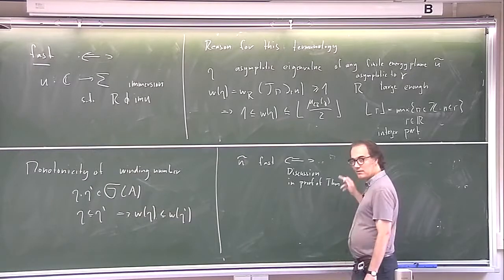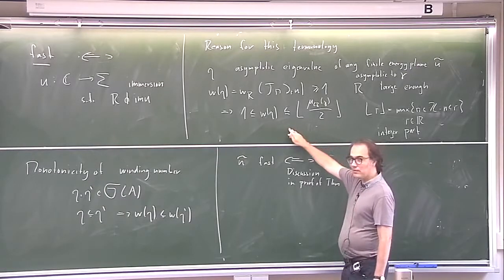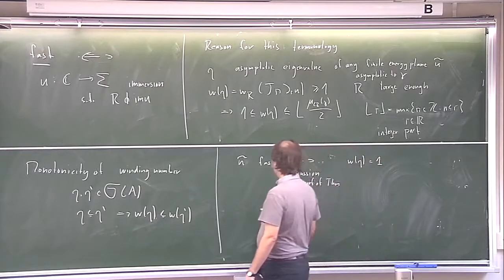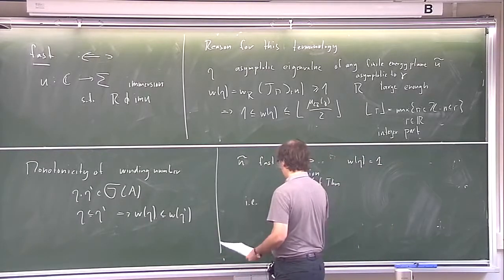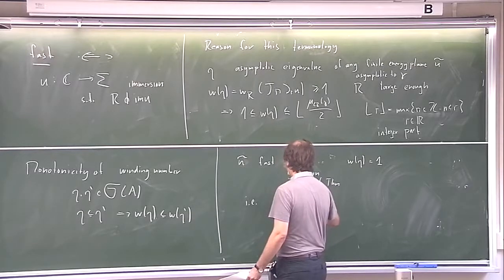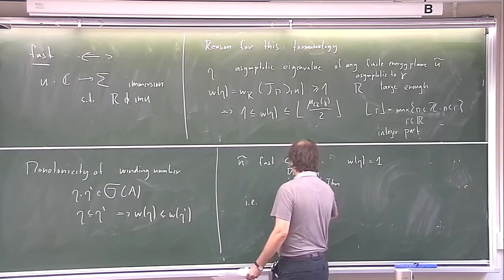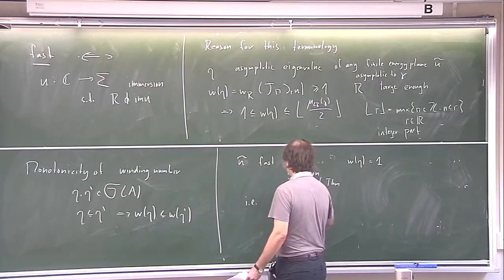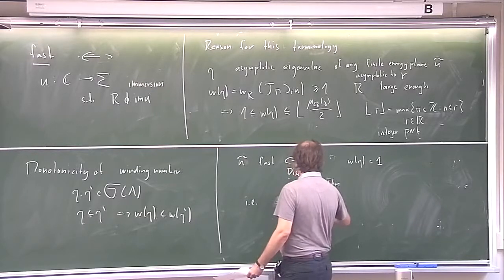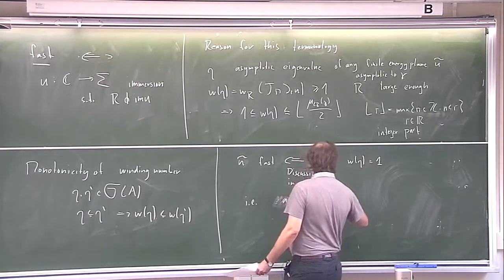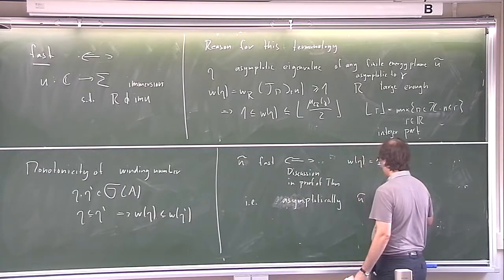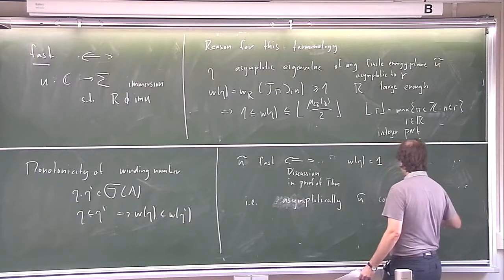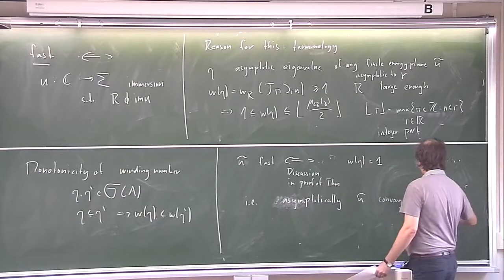So it's the smallest possible, i.e., u tilde converges exponentially asymptotically as fast as possible.